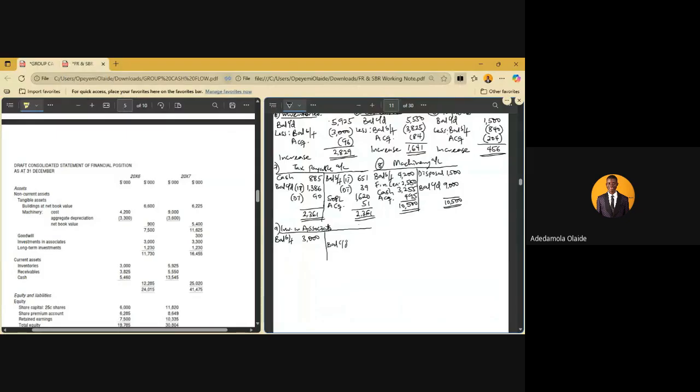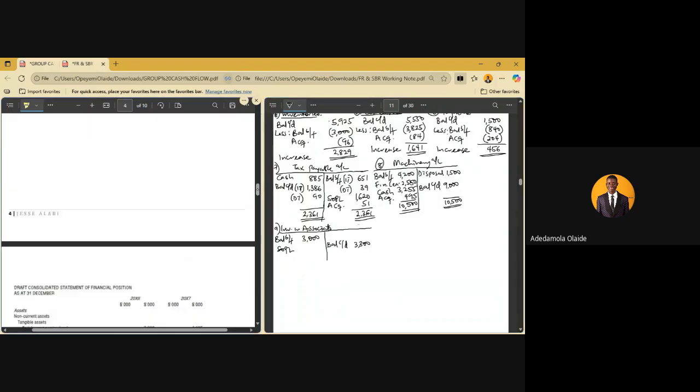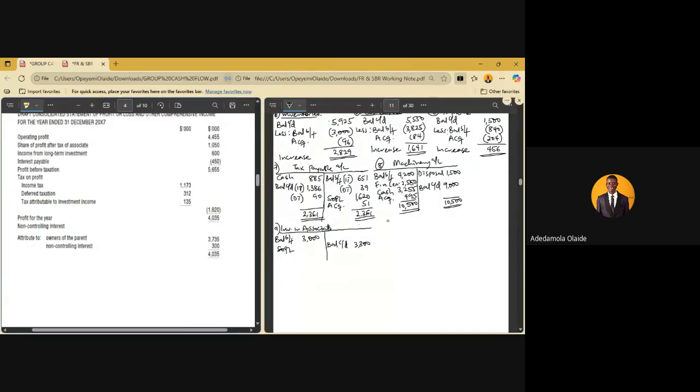Balance carried down, how much? 3,300. Then the profit share for the year is how much? 1050. That will give us a total of what? 4050.